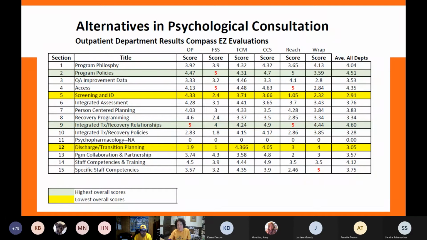And from those scores and from the areas on the Compass Easy, in terms of the policies that we have, in terms of our welcoming, in terms of the treatment we provide, in terms of our brochures, we were able to make some changes, kind of like the low-hanging fruit types of changes.